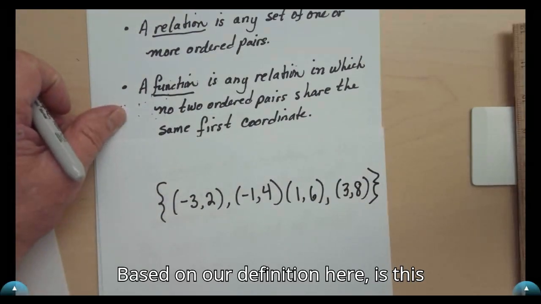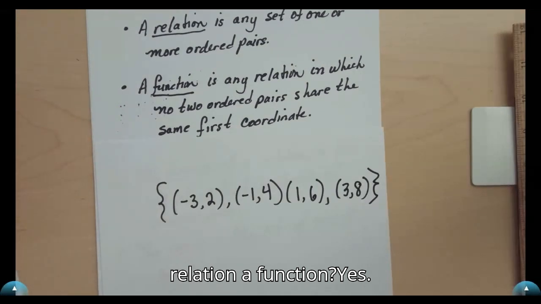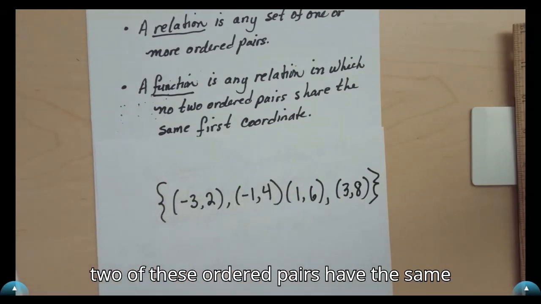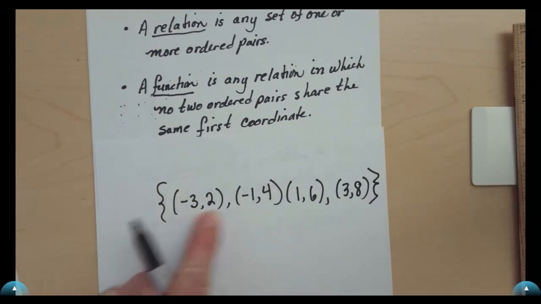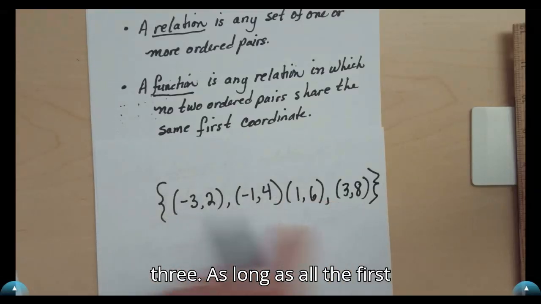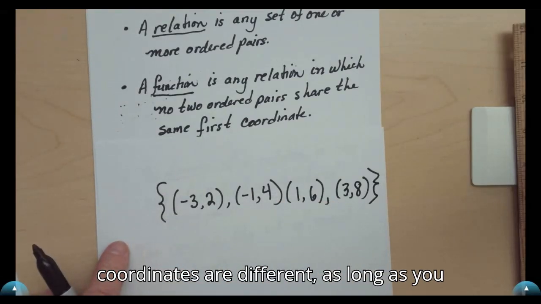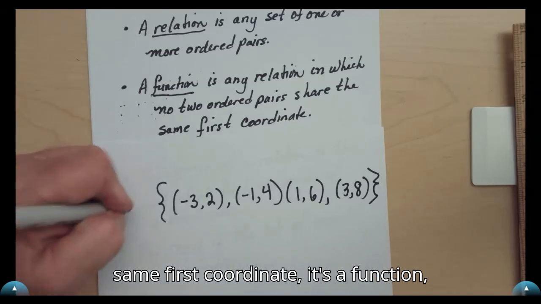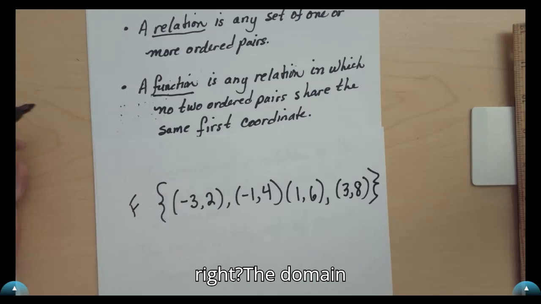Based on our definition here, is this relation a function? Yes. I agree, it is. No 2 of these ordered pairs have the same first coordinate. They're all different: -3, -1, 1, and 3. As long as you don't have 2 ordered pairs with the same first coordinate, it's a function, right?